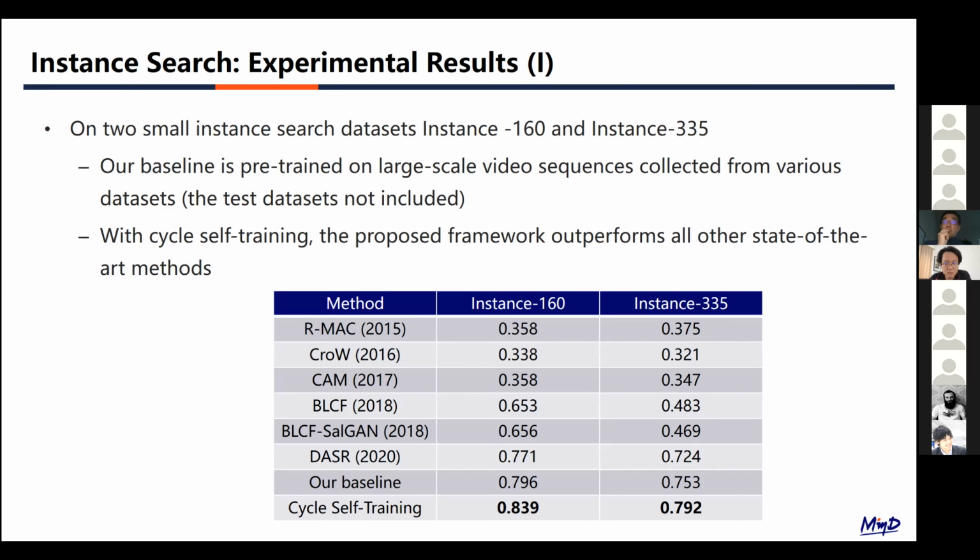This is really because our baseline is based on a pre-trained model from a large video sequence collected from various different data sets. Now, as you can see in the last line, with the introduction of the cyclic self-training method, we are able to significantly improve our baseline by 4% absolute.